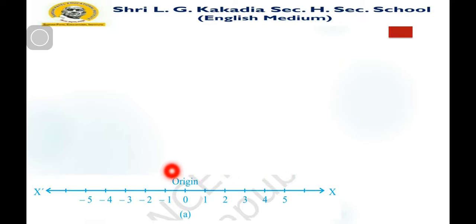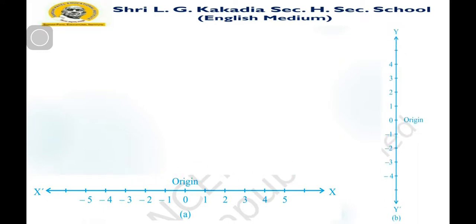And if we look at the left side of this line, then we find the negative numbers. As it is a horizontal line, we can also take the vertical line, as you can see here. Let us denote it by y dash y.